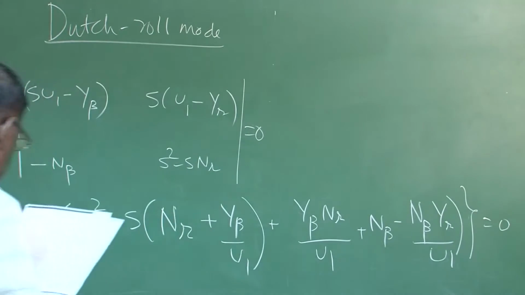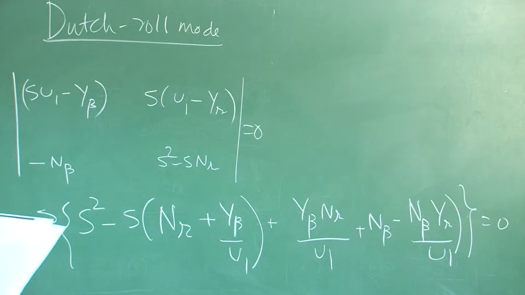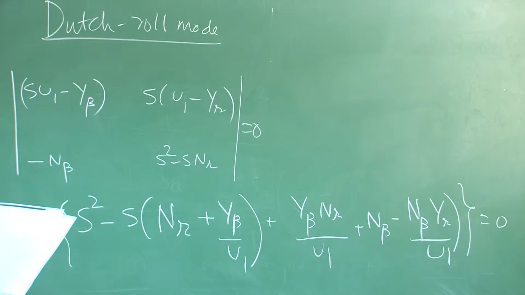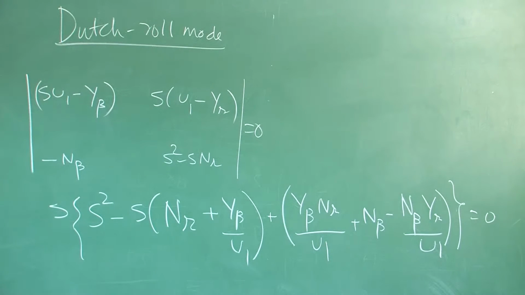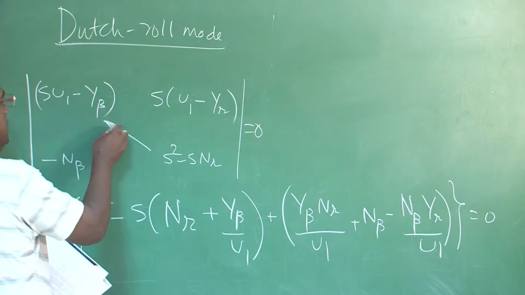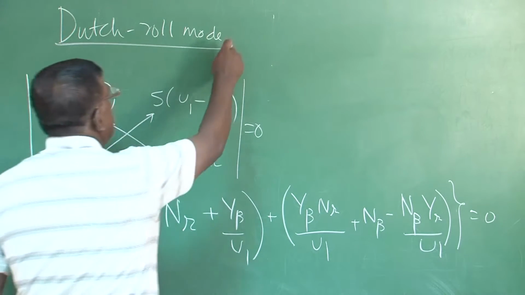Let me check. It is s squared minus s into NR plus Y beta by U1, plus Y beta NR plus N beta. So there will be a bracket here. Okay? That you can easily find out by doing this and this, right?